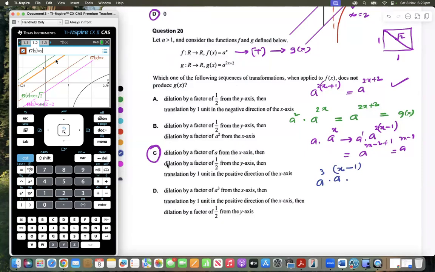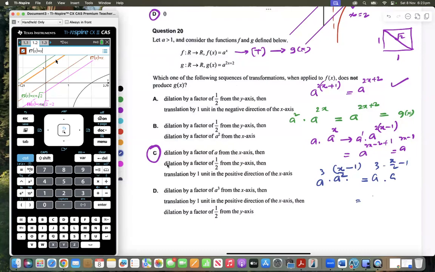Okay, a dilation by a factor of half in the y-axis. Okay, so then what? No, actually half, right? Yeah, it should be half for x only actually.